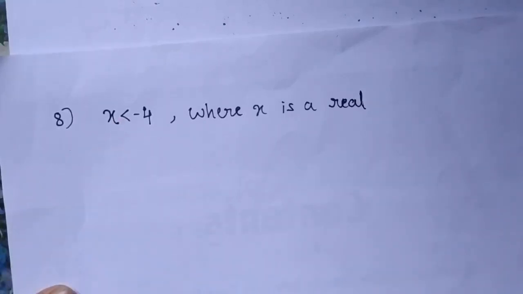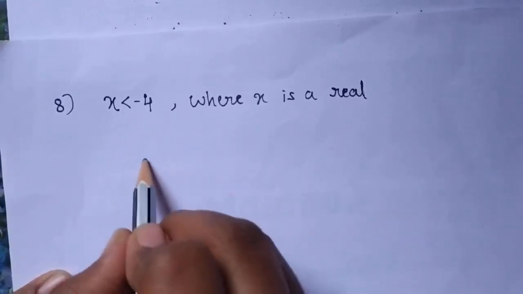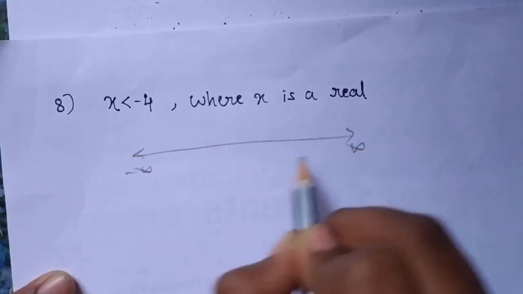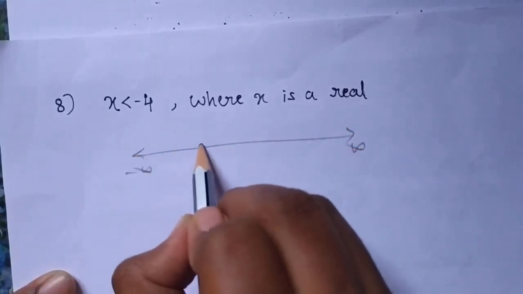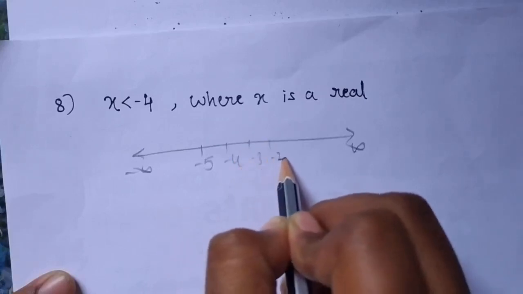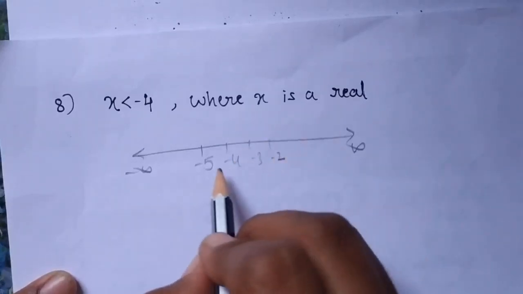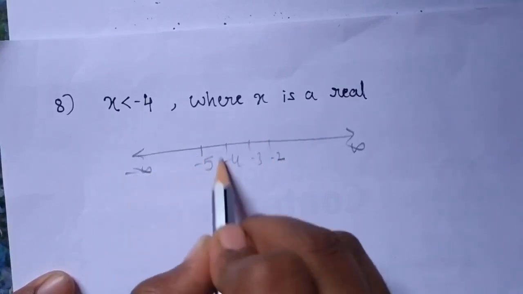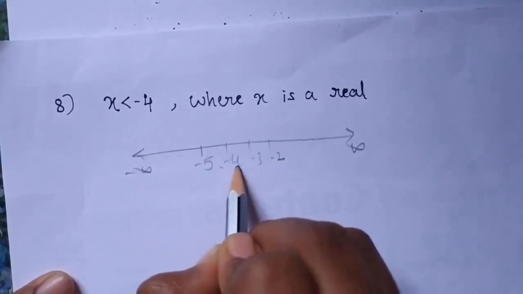If I consider a real number line from minus infinity to plus infinity, then I will write the numbers minus 5, minus 4, minus 3, minus 2 and so on. All the numbers less than minus 4 lie to the left side of minus 4 on the number line.